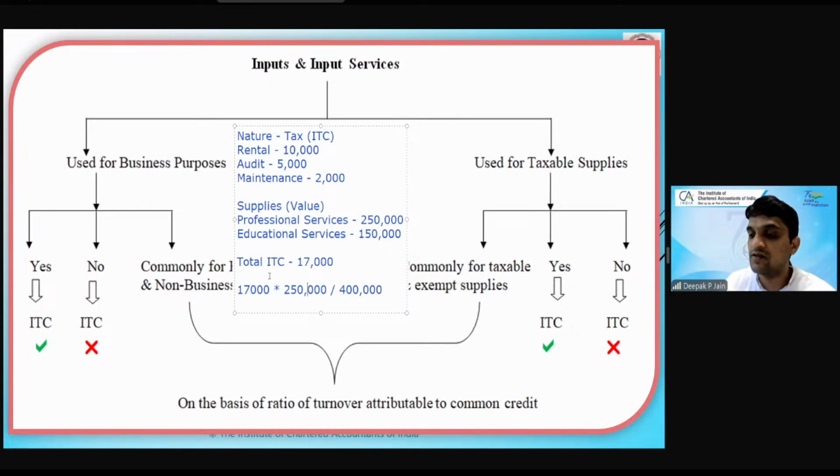So it is 17,000 into 25 divided by 40. 10,625. Correct.